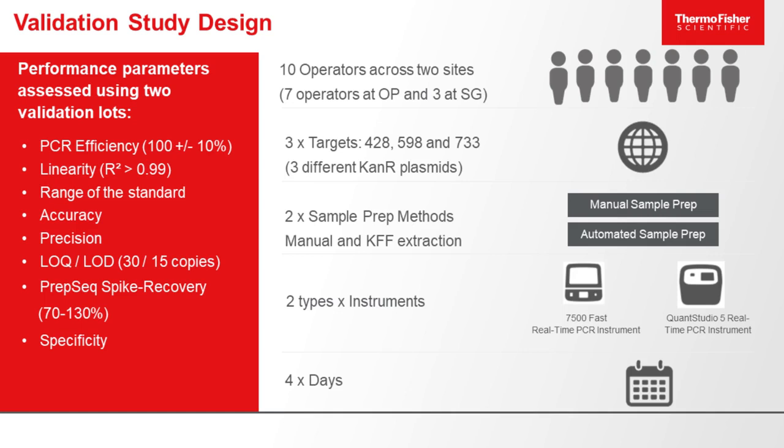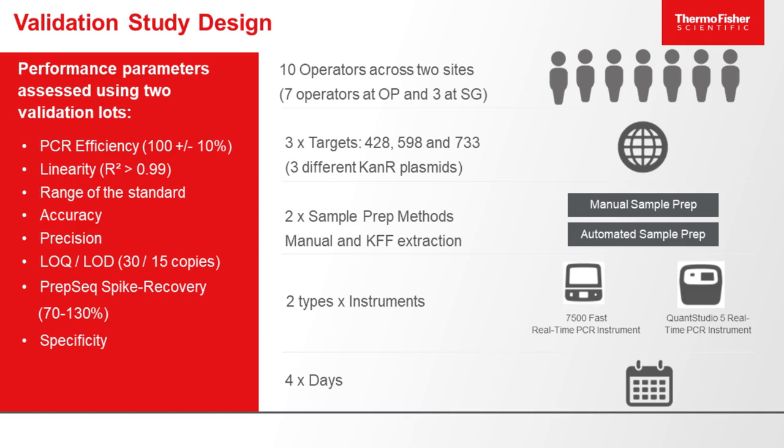In order to validate this assay for residual plasmid DNA testing, we focused on the following performance parameters: PCR efficiency, linearity, dynamic range, LOD/LOQ, accuracy, precision, specificity, and PrepSEQ spike recovery.